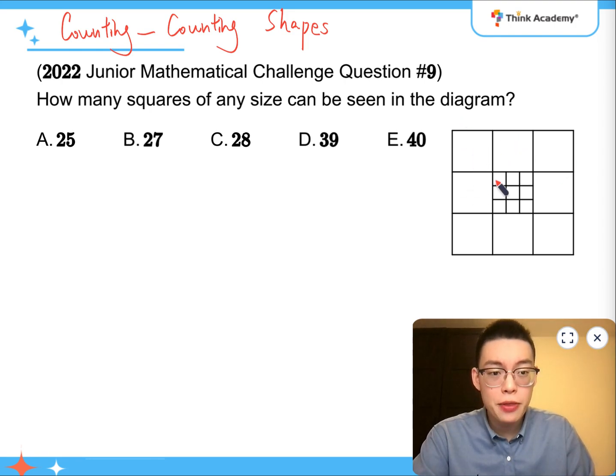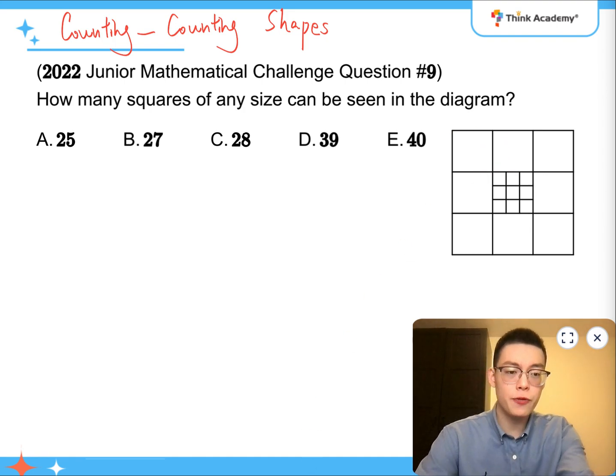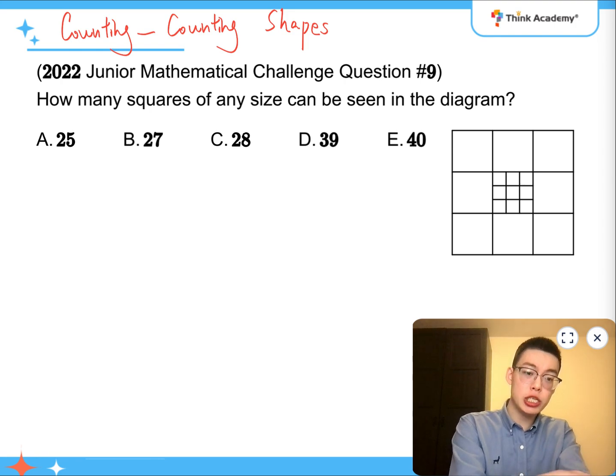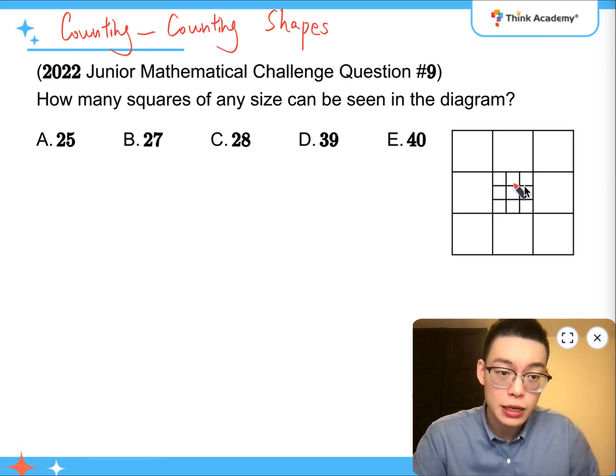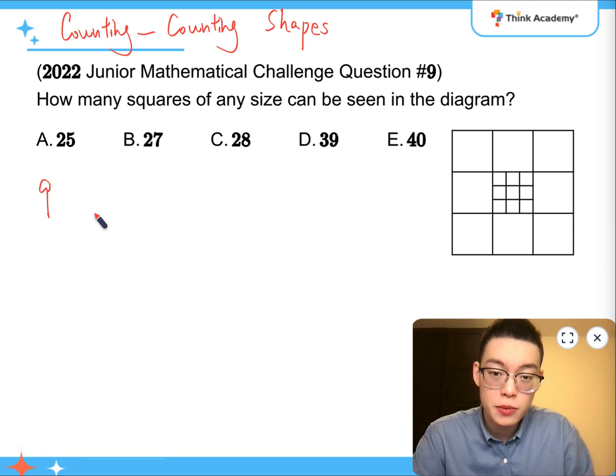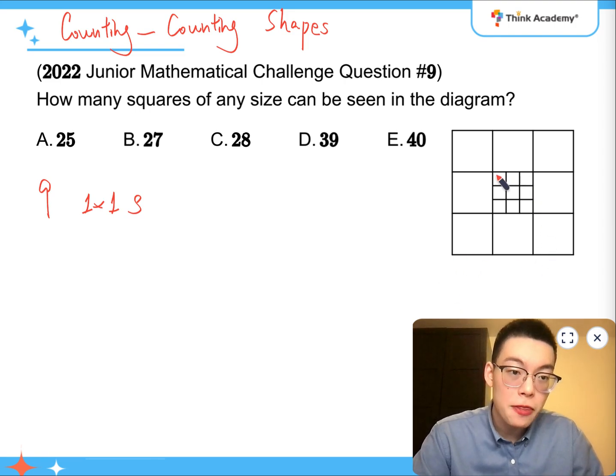We can see that there are these small squares and these regular squares in this diagram. So first of all, we can try to see how many unit small squares do we have. Clearly, there's going to be 9 of them. So there are 9 1 by 1 small squares. And then we can see that the small squares can also group up to form these 2 by 2 squares, right?